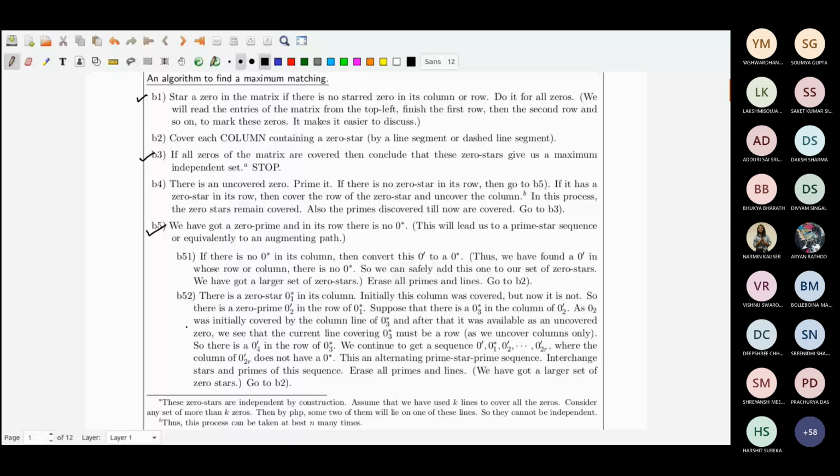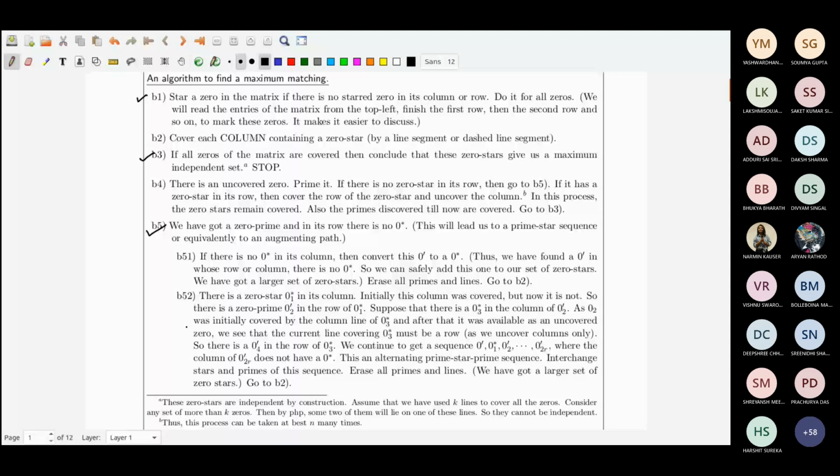So you have one prime, found a 0 star in its column, then there you find another prime in that 0 star's row, and then you again ask whether there is a 0 star in that one's column, and repeat the same thing to get a prime star sequence.